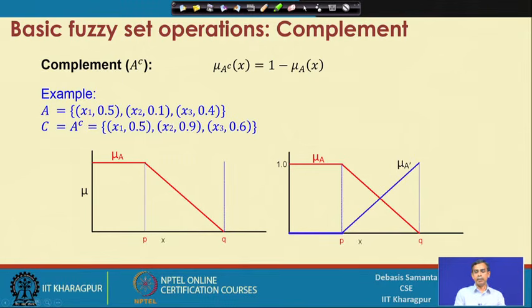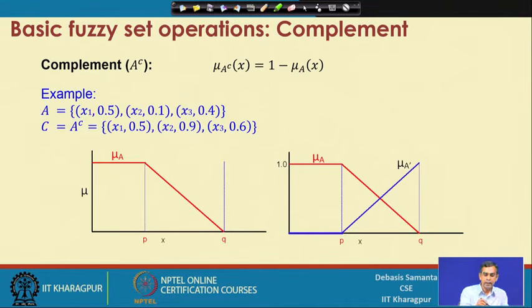Now, another operation on the fuzzy set is called the complement. The union operation and intersection operation are binary operations, because they need two fuzzy sets, whereas the complement operation is a unary operation which is applicable to only one fuzzy set.